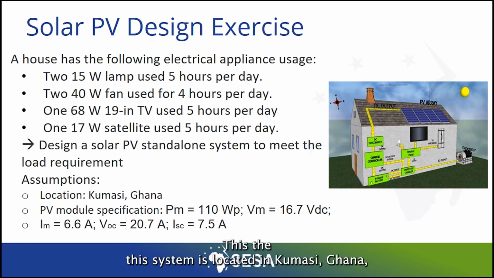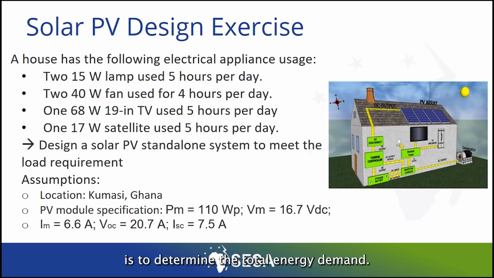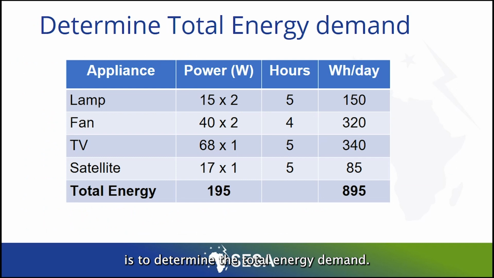This system is located in Kumasi, Ghana, and the PV module specification has been provided. Now, in the next slide, I will be taking you through the first procedure, which we said is to determine the total energy demand.